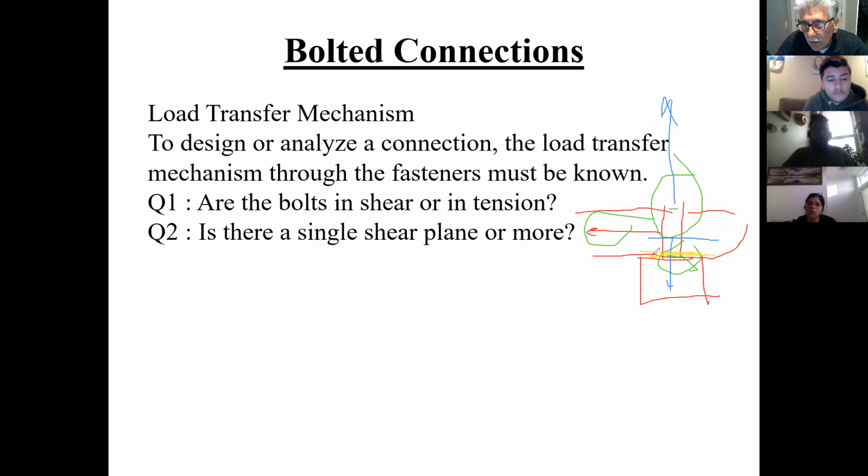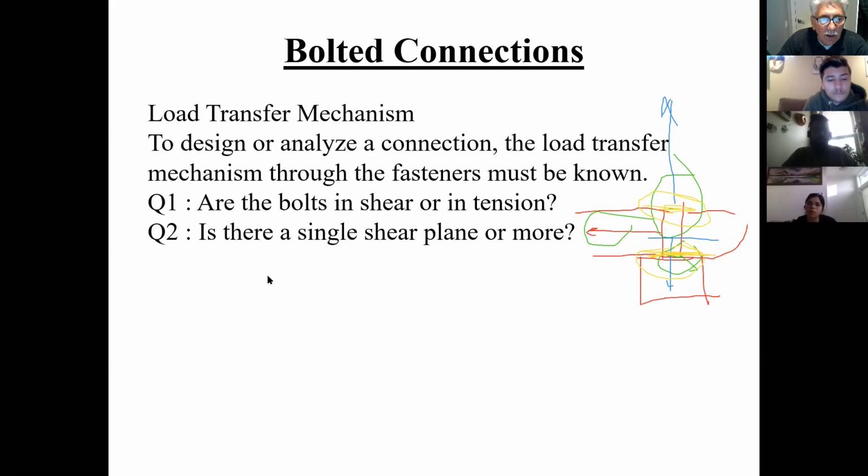The yellow is not very good. So in other words, that would be single shear. But if there are two planes here, that will be double shear. With the example, you'll start understanding when it's in single shear and in double shear, because you can appreciate that then the bolt will take the shear resistance here and the shear resistance here, and you can combine those two shear resistances to give you the total shear resistance that the bolt has. So that's the second thing you have to consider.